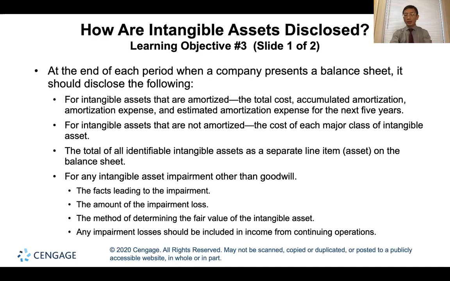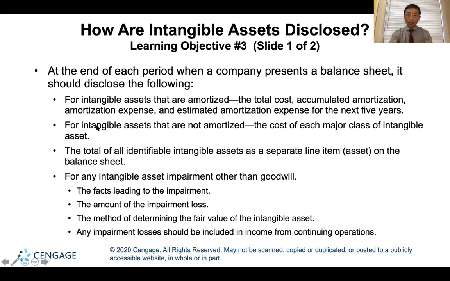Amortization, as I just introduced in the previous slides, is like the depreciation of fixed assets. So some intangible assets need amortization. So we need to report this amortization, like the depreciation of fixed assets, in the balance sheet.